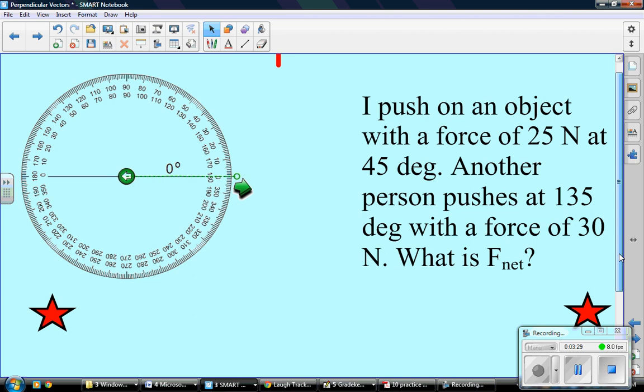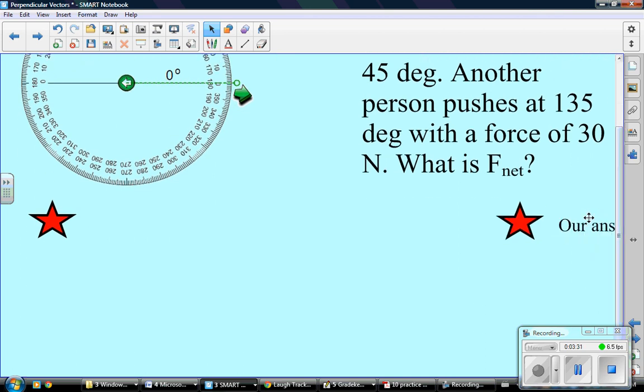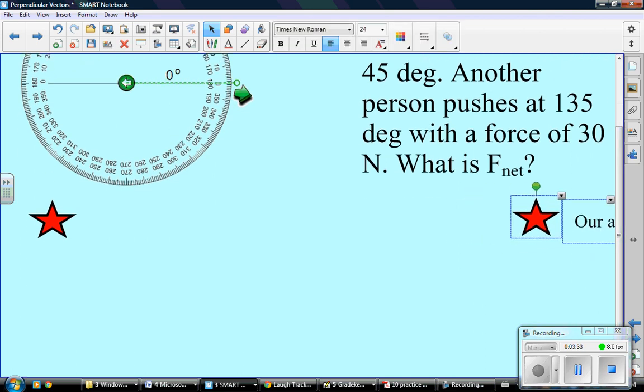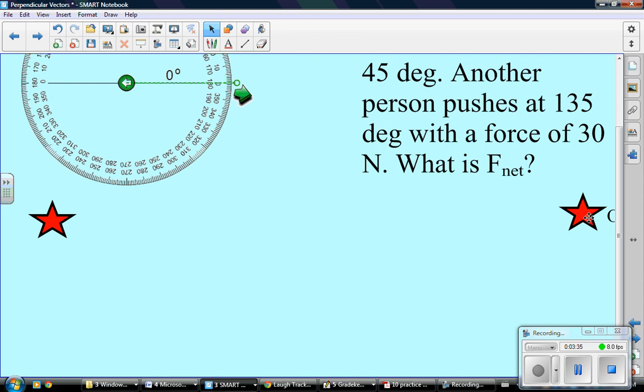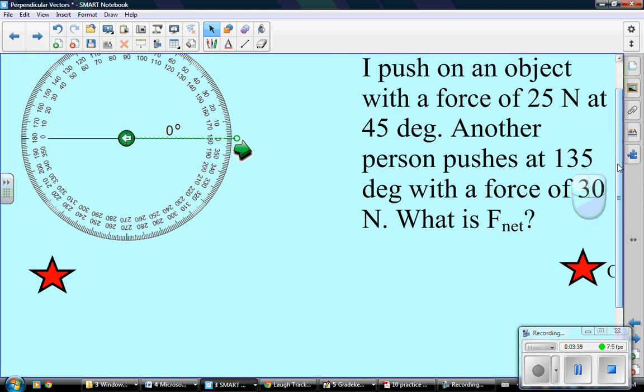All right, so let's set this question up. So we've got a force of 25 newtons at 45 degrees. So again, I'm going to pick a starting point. Let's say right there. And I'm going to draw an angle.